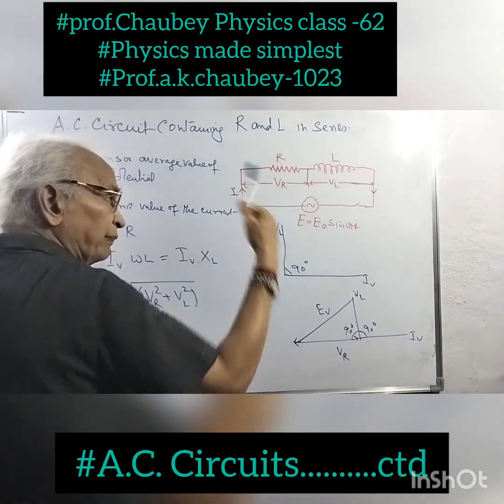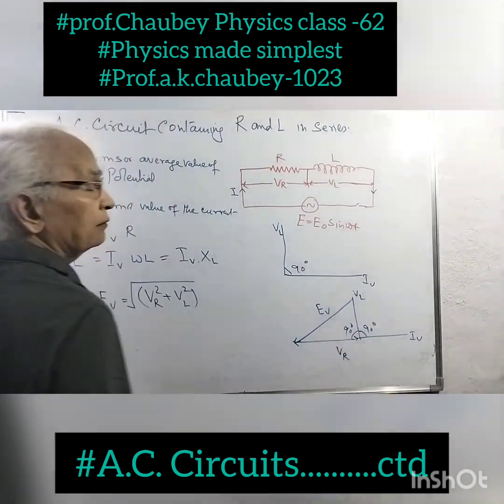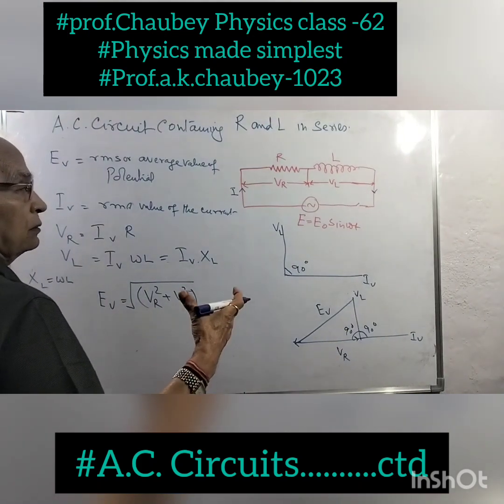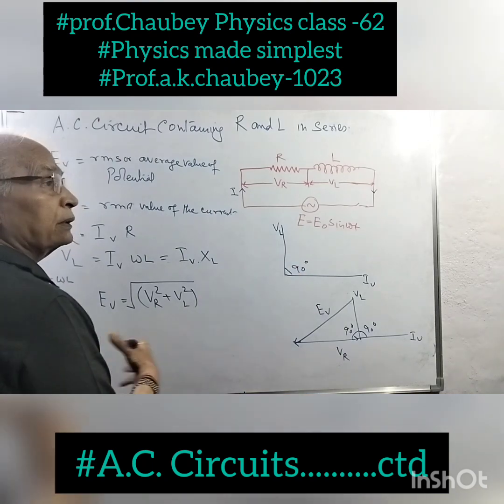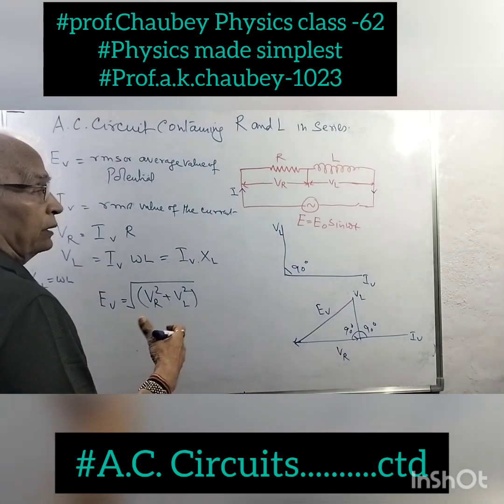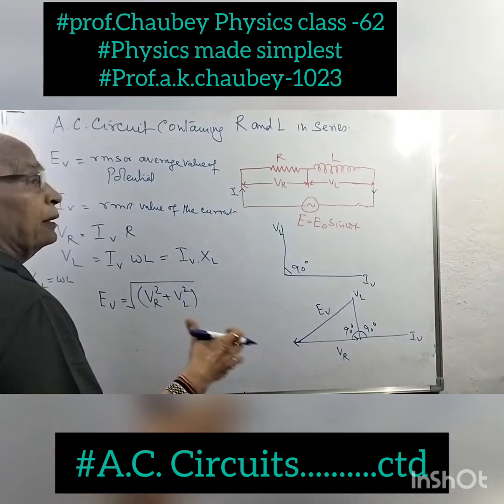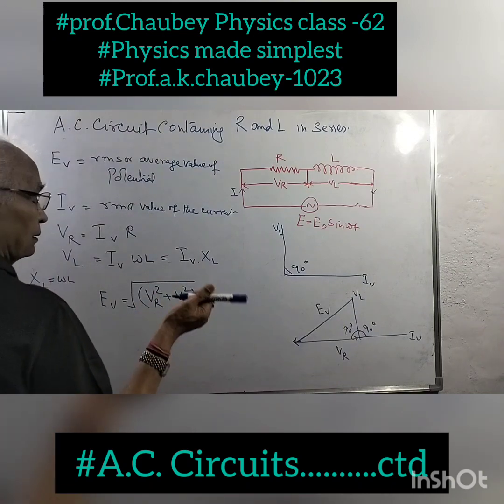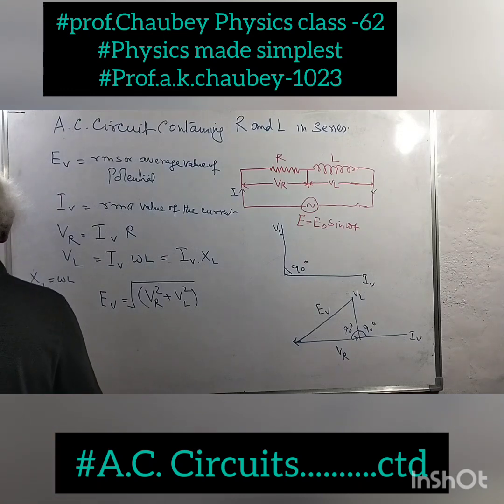VR is in phase with the current, so no phase difference, and VL has a 90 degree phase difference, meaning the current lags behind. Because when the current starts increasing, inductance opposes the growth, back EMF. When the current is decreasing, inductance gives back the charge from stored magnetic energy. So that is the current lagging behind by 90 degrees. But this is now the EV value for the case of inductance and resistance.